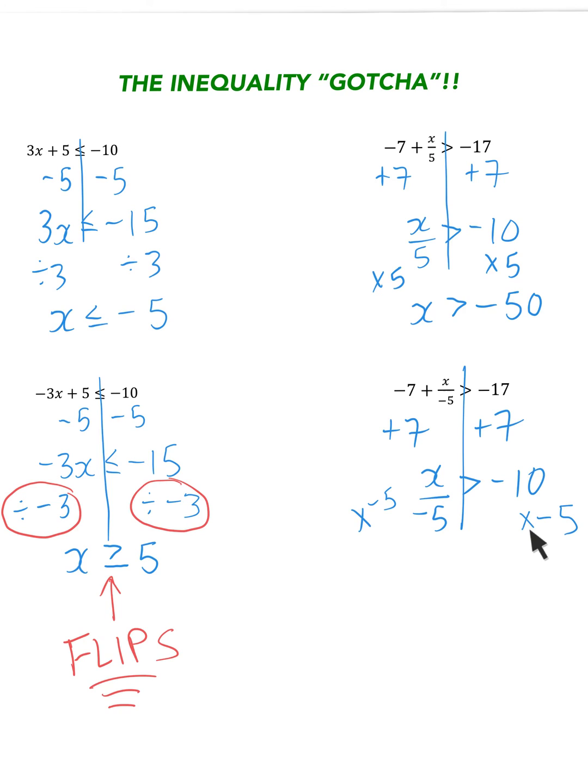So as soon as you times, or in this case divide by a negative, this sign is going to flip. And everything else stays the same. So x, and over on the right hand side I'm going to have positive 50, because negative 10 times negative 5 is positive 50. But now this sign is going to go the other way, like that, okay? Because I multiplied by a negative, okay?